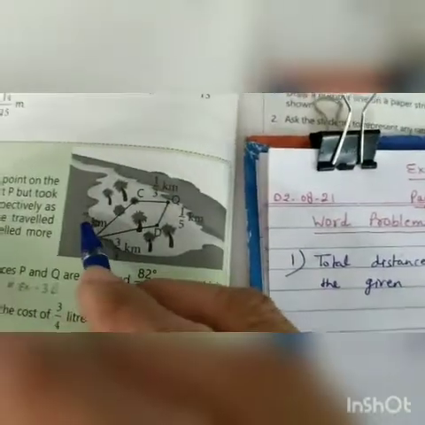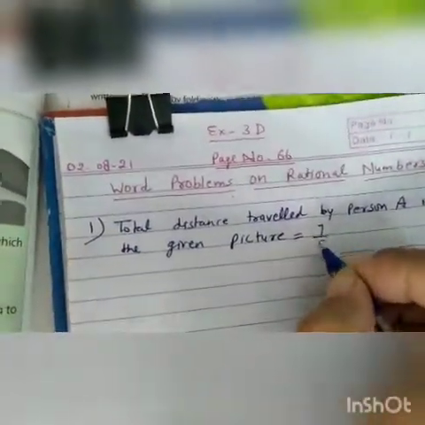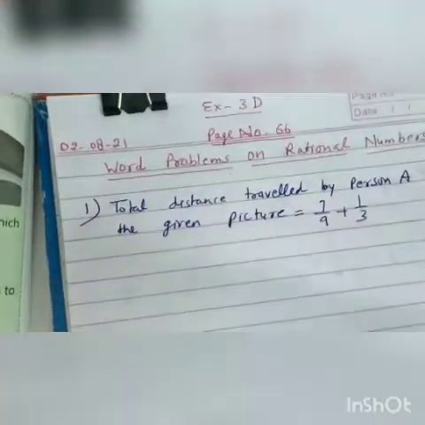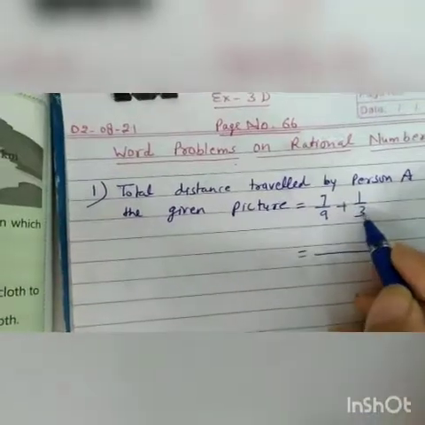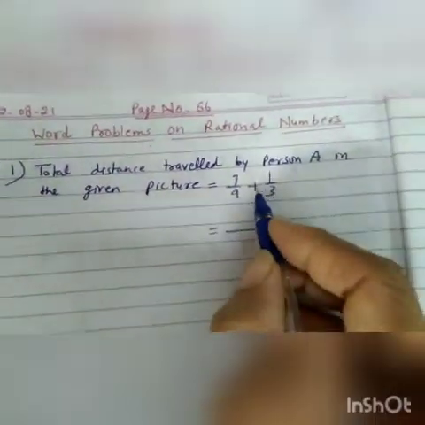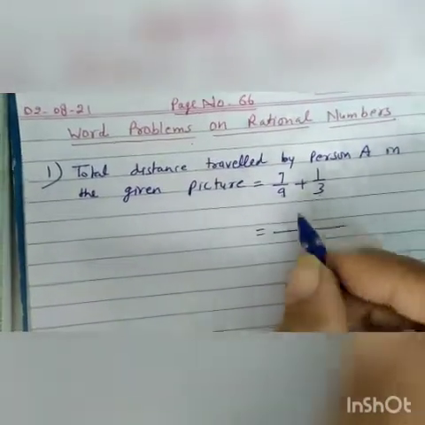So we will add this 7/9 and this 1/3. 7/9 plus 1/3. Students, how we will do? First we will find LCM of 9 and 3. Here 9 is a multiple of 3, so its LCM will be 9.